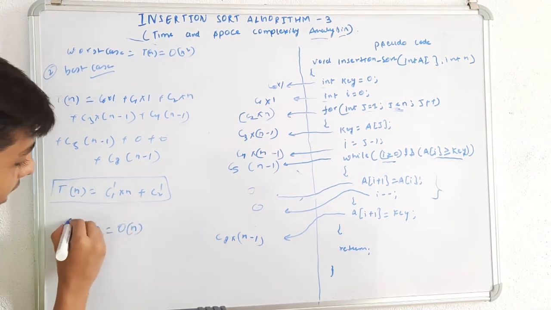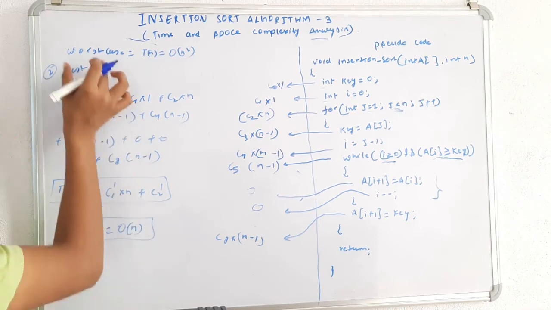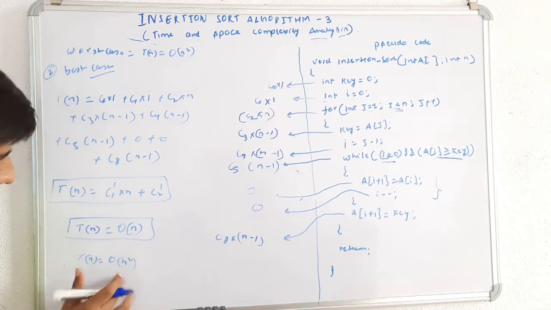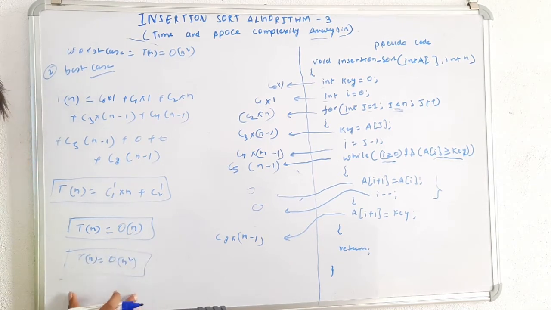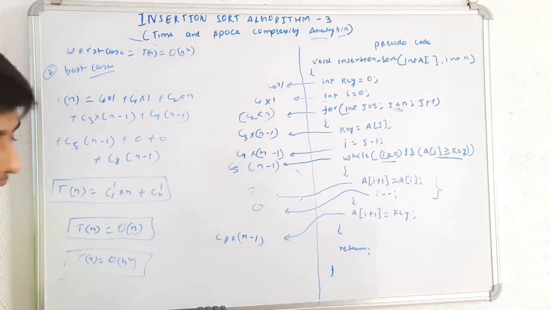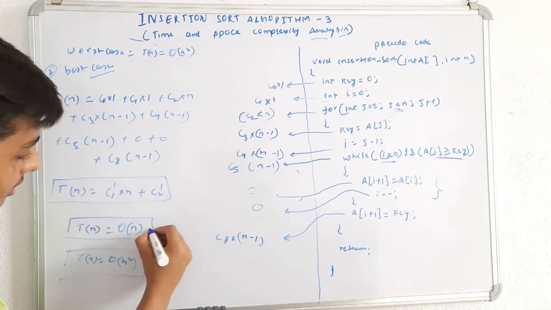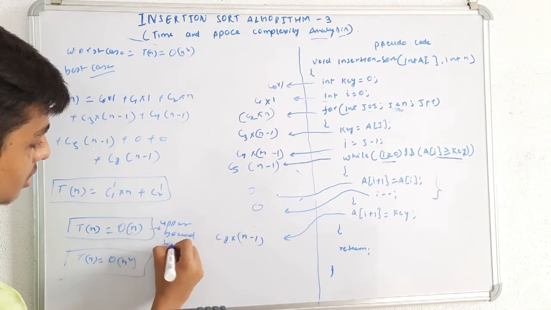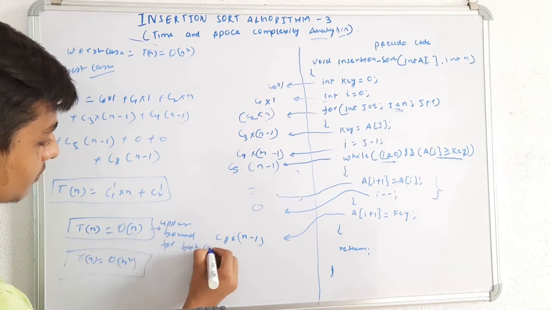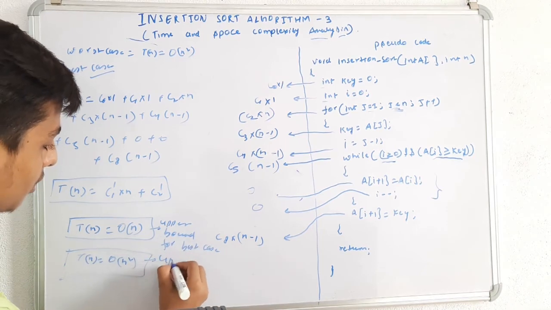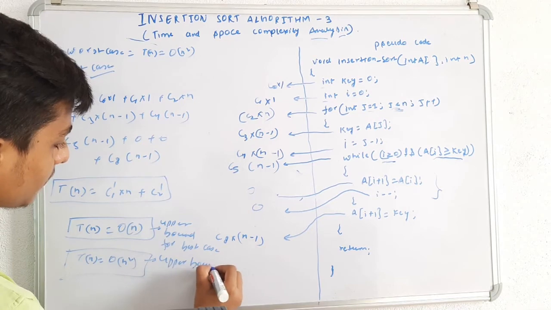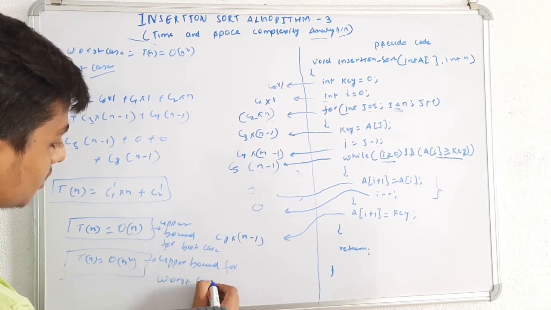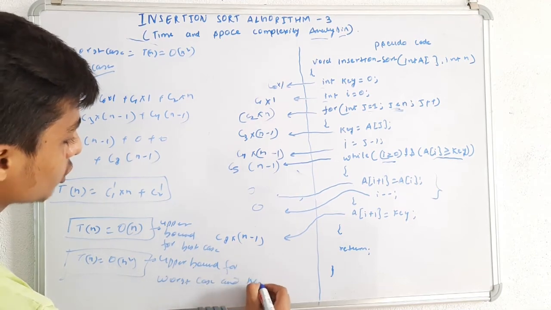So what is the big O of n here? Big O of n is the upper bound for the best case, and t of n equals big O of n square is the upper bound for the worst case, and the upper bound for this algorithm also.